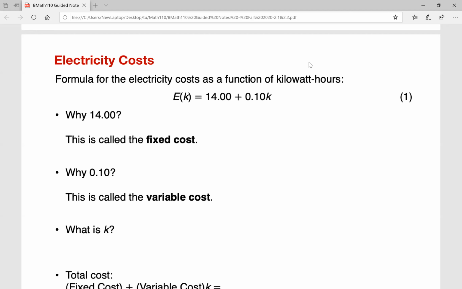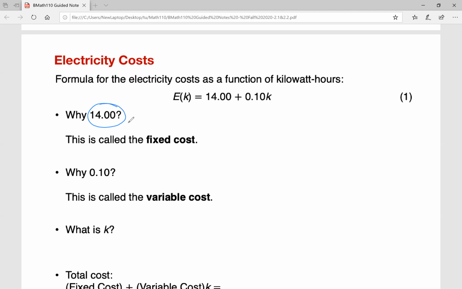So now we have the formula for the electricity cost as a function of kilowatt hours. It's down here: E(K) equal to 14 plus 0.1K. And you may ask why it is 14. You have to remember about the fixed cost, right? 14 is the cost that you have to pay at first, and you cannot change it.